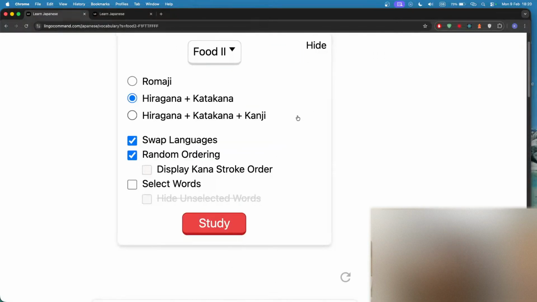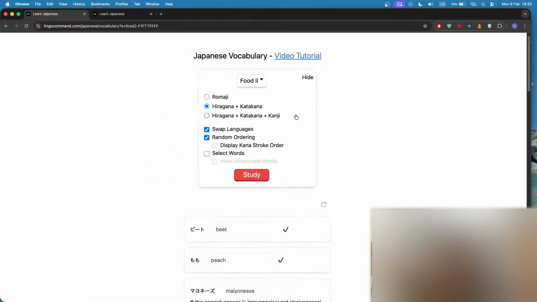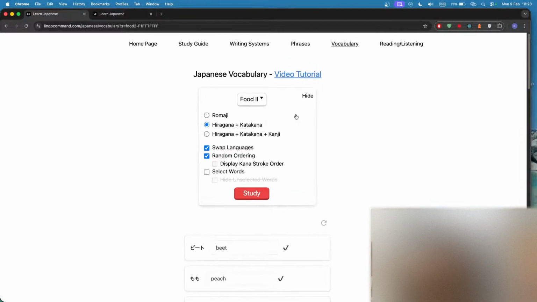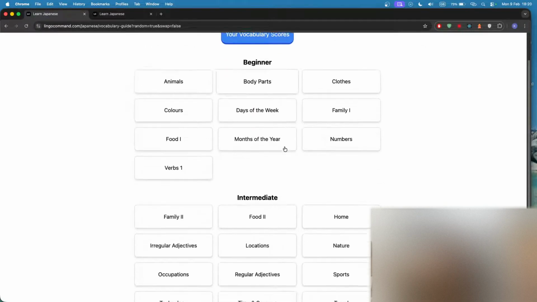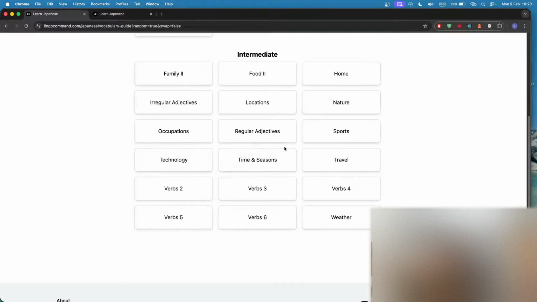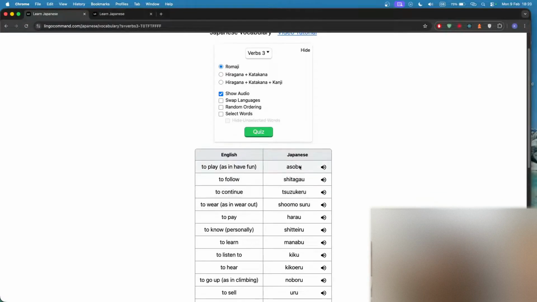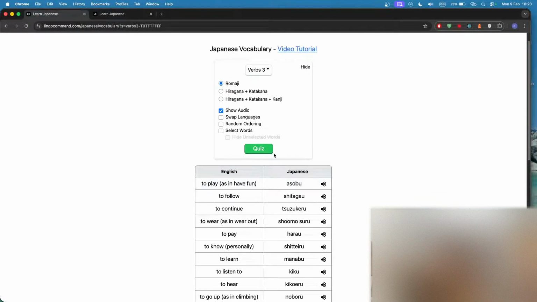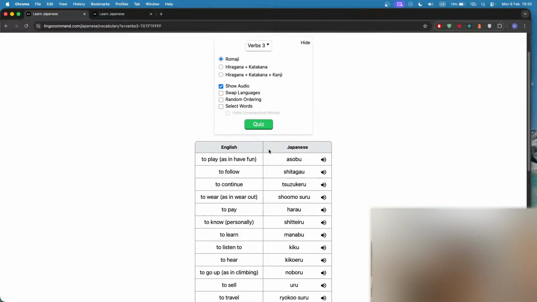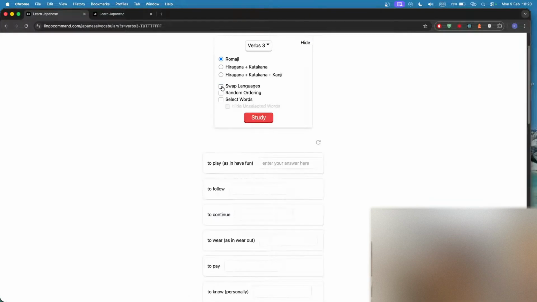So essentially that's like effectively 100%. I could practice going from English to Japanese. But I think actually we have a decent grasp of this vocabulary. And so I think perhaps the best way to continue onwards is to go back to this verbs 3 list that I had some issues with last time. So let's give this a go.